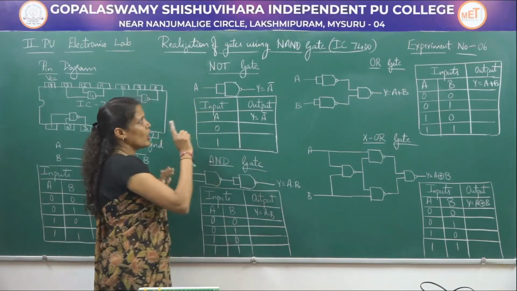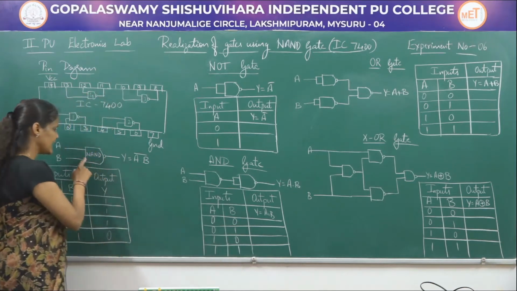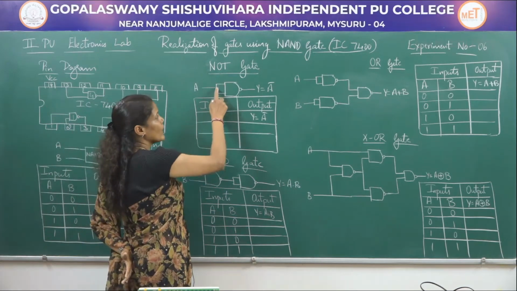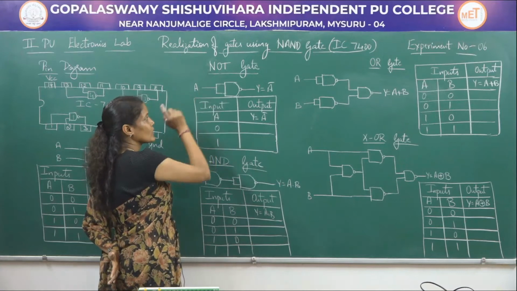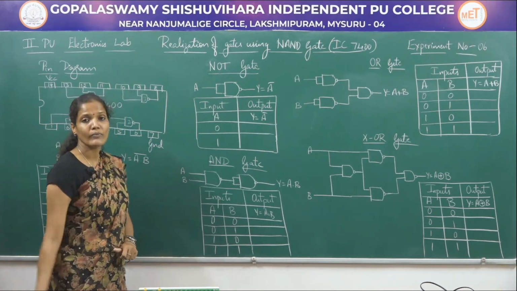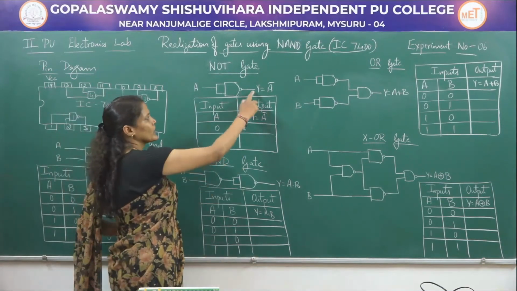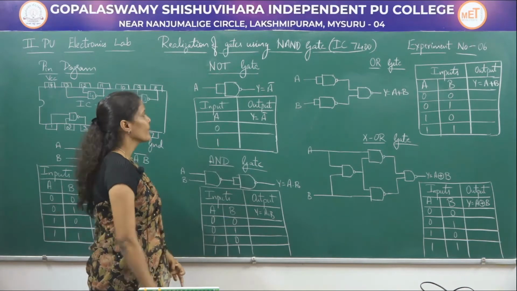We know that NOT gate is having only 1 input and 1 output, but NAND gate is having 2 inputs and 1 output. So what we are going to do is, we are going to short the 2 input terminals of a NAND gate and that will be connected as the input terminal, let us name it as A. And the output is only one output which will be named as Y.